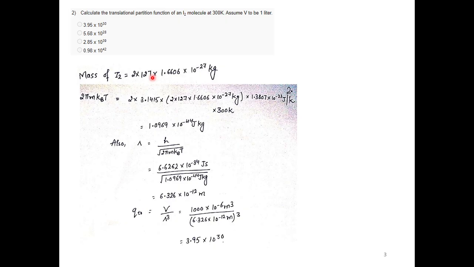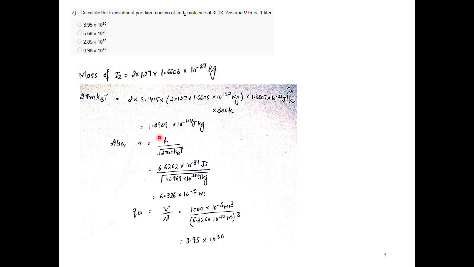So the mass of iodine is 2 into 127 into 1.6606 into 10 to the power minus 27. Now this is the mass of iodine. Now you know the formula 2 pi m kBT, which is required for the translational partition function.